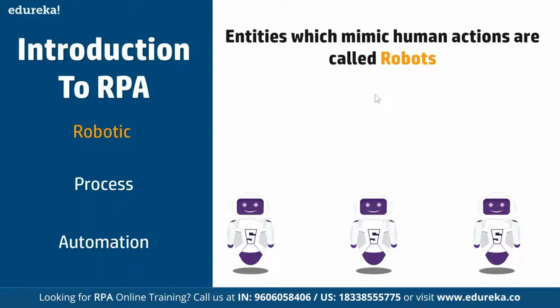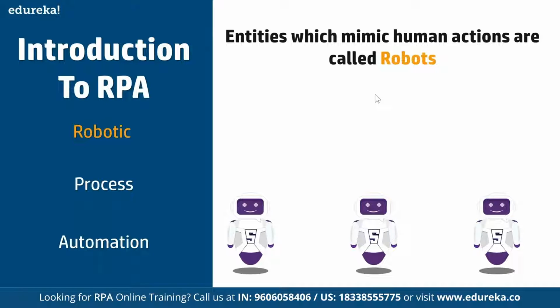We have seen so many machines and tools, but we don't call every tool a robot, only some specific tools. Those entities which seem to be mimicking human action, we call robots.